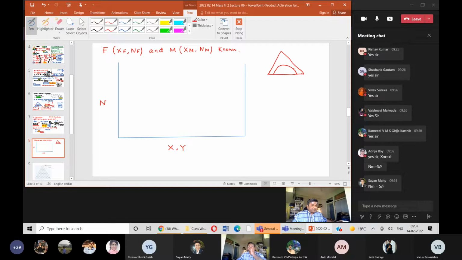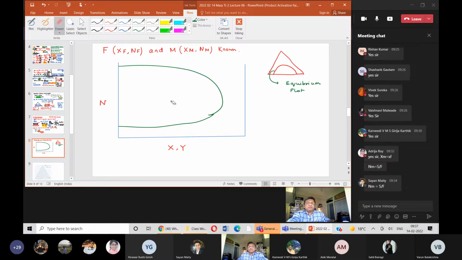Okay. So an equilibrium plot like this, in fact, one can have a lot of discussion on that, but I do not want to deviate. An equilibrium plot like this actually will take a shape like this in the NXY plot.